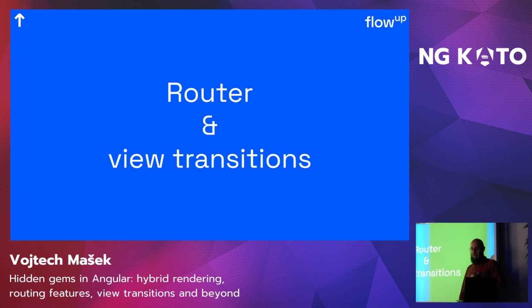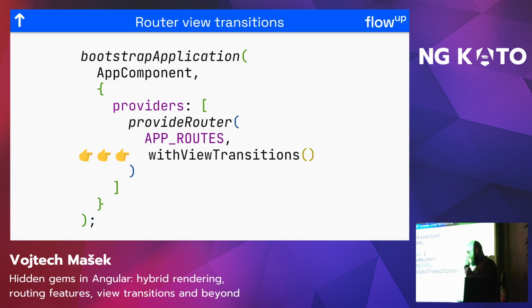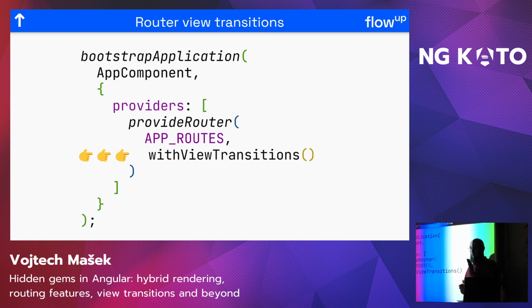Okay, last thing, and I'm sorry that my demo is broken, but I have different backups to show you. It's router and view transitions. One of the simplest things you can do today or tomorrow, but I would even say today, is to write this little line in your router configuration, and suddenly all the pages that you go through get a little animation where they fade in and fade out.